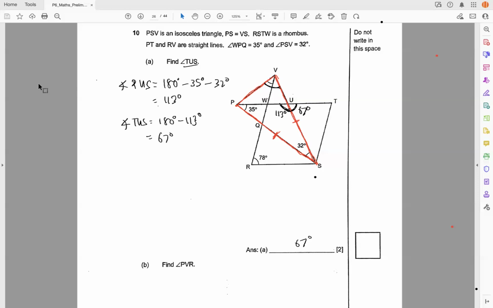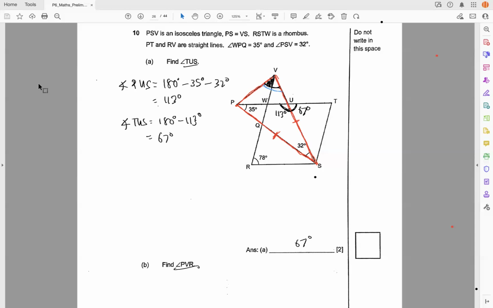Now the next question is angle PVR. PVR, this angle. Let me use another pen, which is blue. So let's find out what this angle is first.